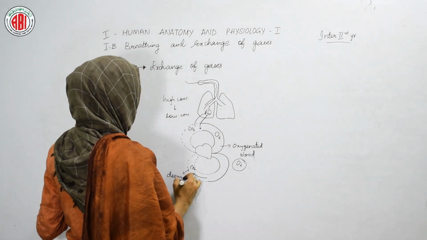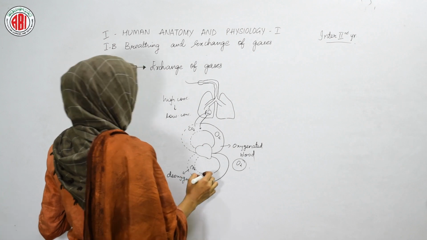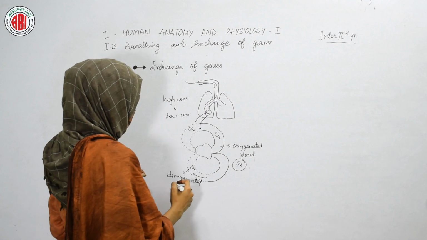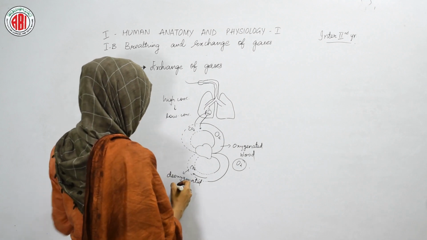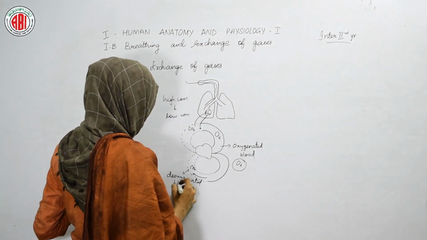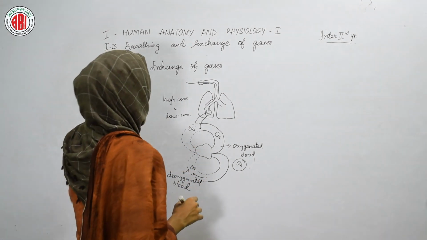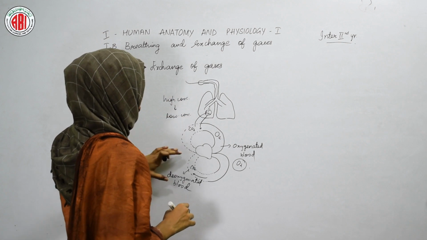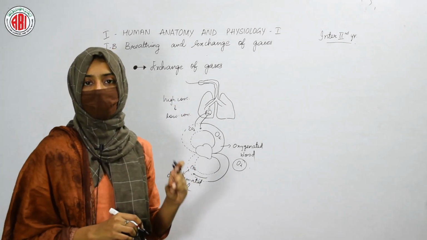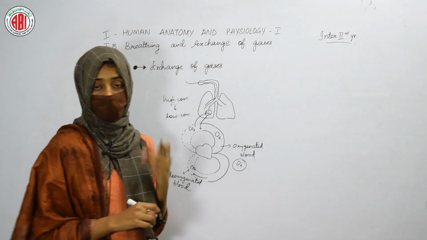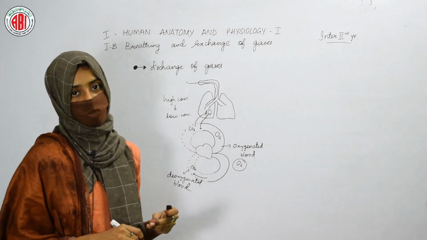That means the concentration of CO2 increases and becomes high in the blood, and whenever the concentration of carbon dioxide is high in the blood, we call that blood deoxygenated blood, right? So this is how the exchange of gases takes place, and whenever we are studying the exchange of gases, we need to remember their concentration as well.